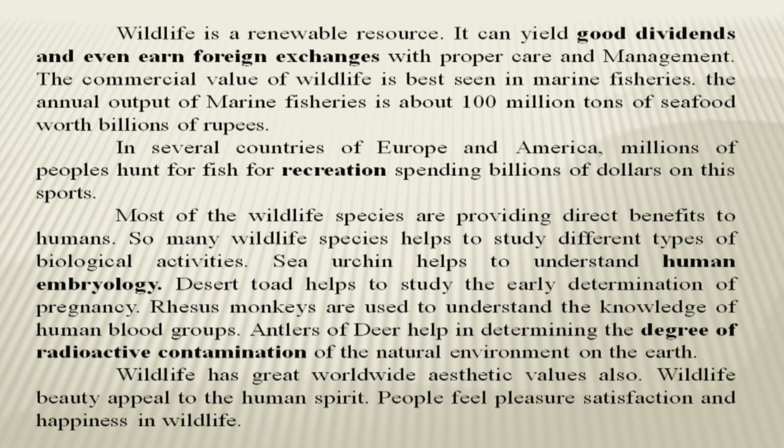Nowadays radioactive elements are contaminating the earth. So antlers of the deer help us in determining the degree of radioactive contamination, how much the earth is contaminated with radioactive elements. We can determine this by using deer antlers from the natural environment.